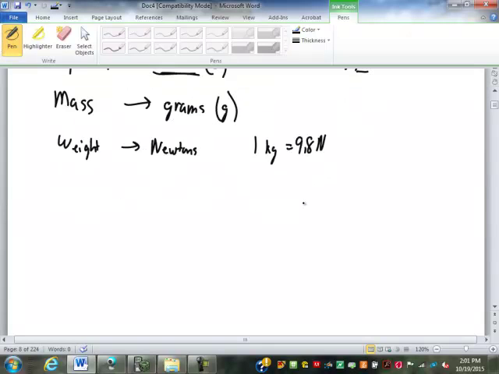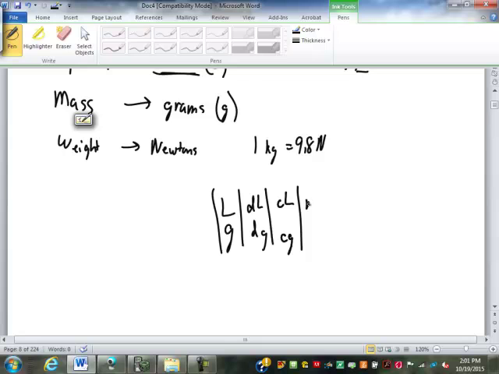So I'm going to put our conversion chart. I'm going to put both liters and grams in here because it's the same chart. So we have deciliters and decigrams, which are 1/10 of a liter or 1/10 of a gram. Centiliters and centigrams, again 100. Milliliters and milligrams, again 1,000. And then we skip down to micro.